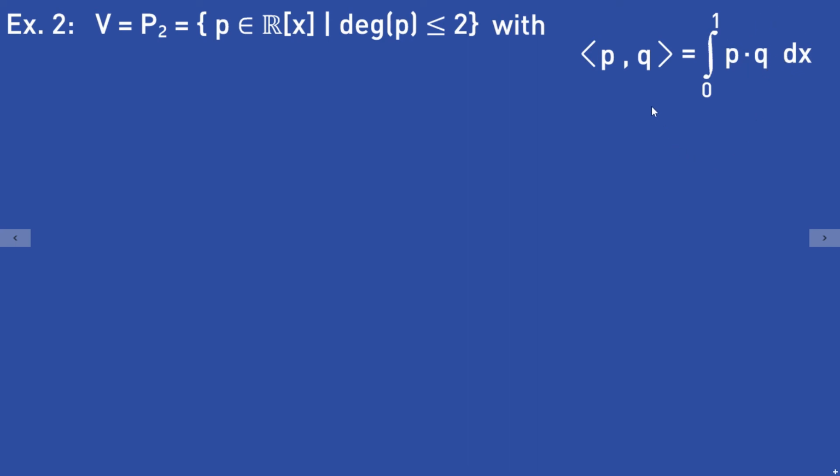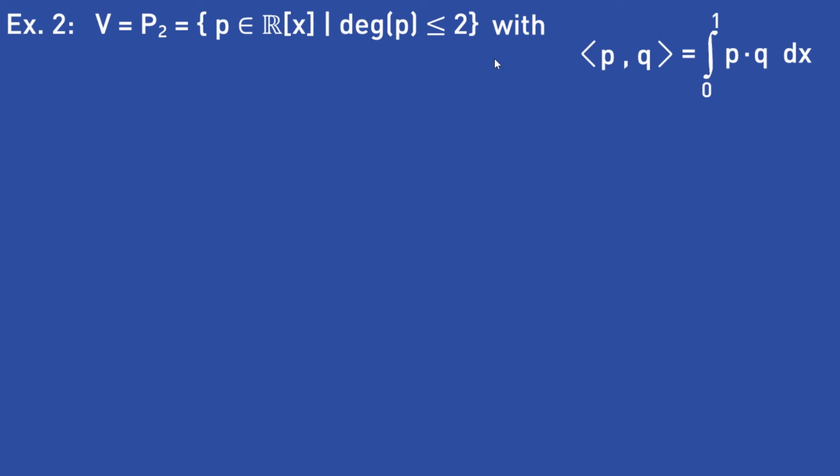Normally we would now have to check if this here is really a scalar product, but we won't think too much about it, because the example already tells us that it is a scalar product, so we will just believe it.